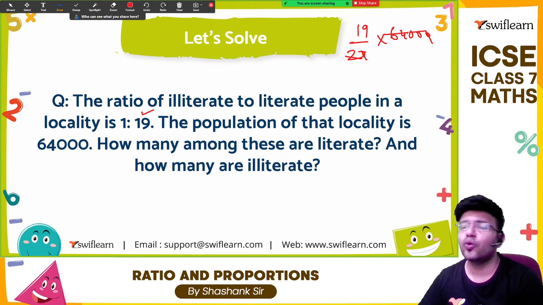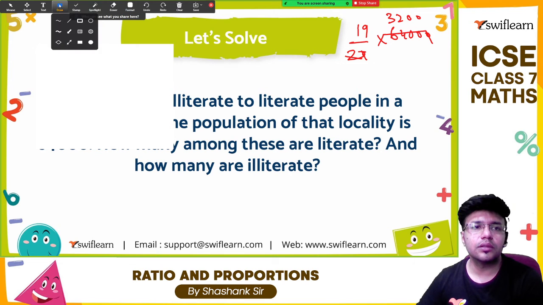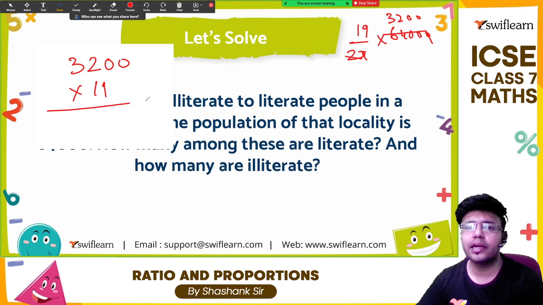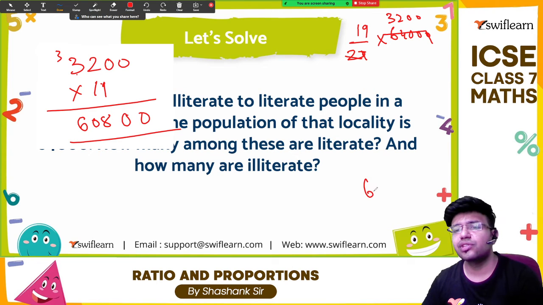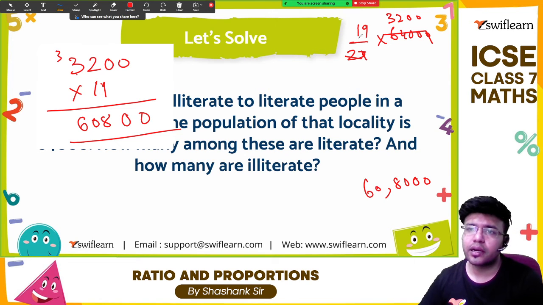Half of 6,400 is 3,200. 19 into 3,200. Does anyone know the table of 19? 19 twos are 38, 3 is carried, 8 is written. 19 threes are 57, plus 3 is 60. So 60,800 people are literate. Illiterate is 1 by 20 into 64,000, which is 3,200.